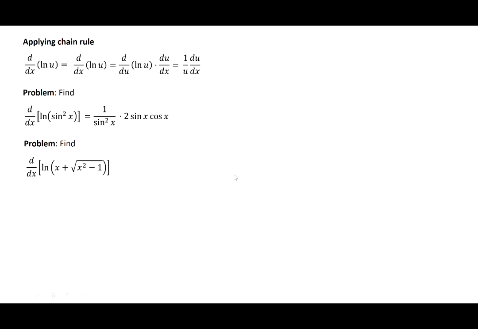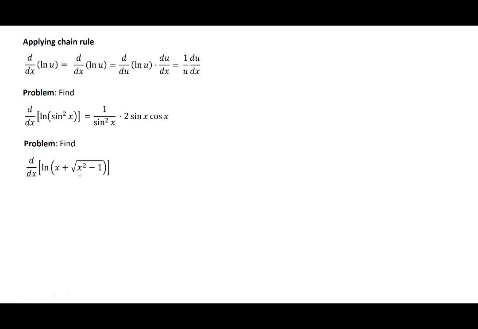Ooh, I like this one. Derivative of natural log of the quantity x plus square root of x square minus 1. This is a pretty interesting one. All right, you tell me. First step, natural log of u, right?